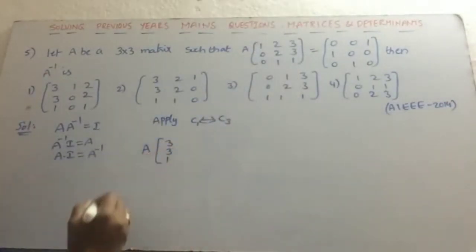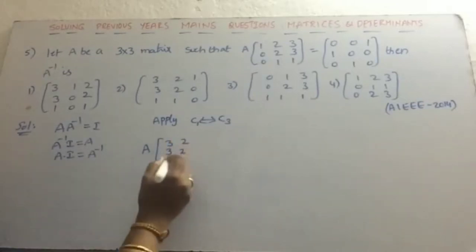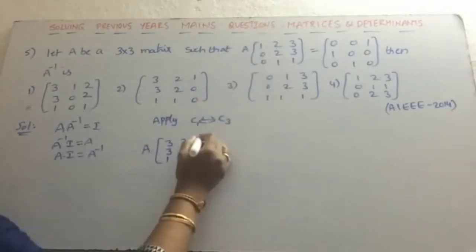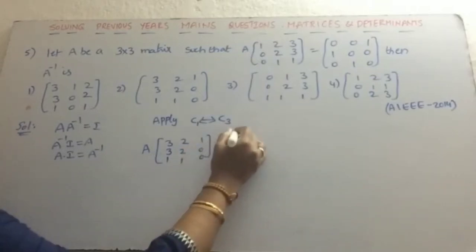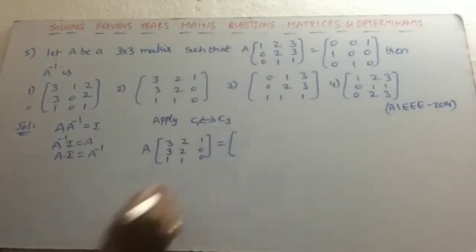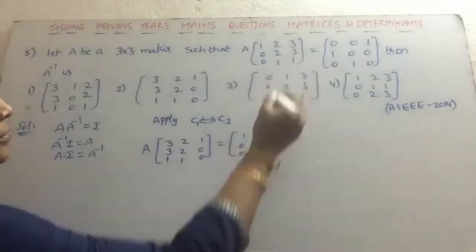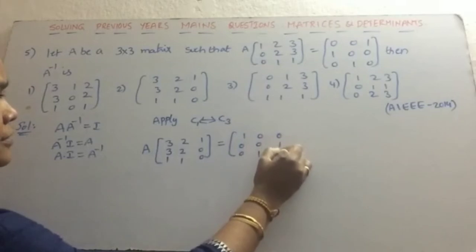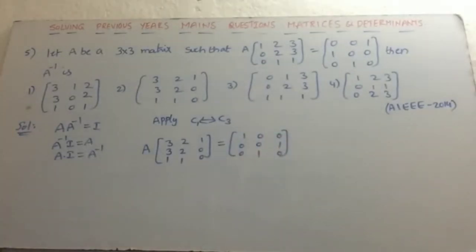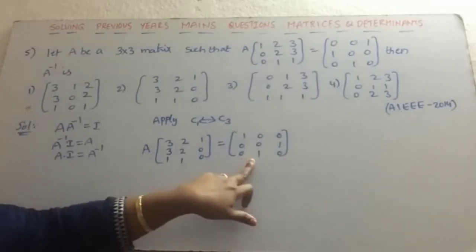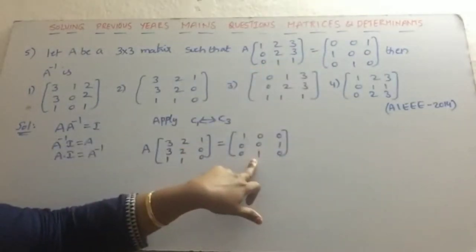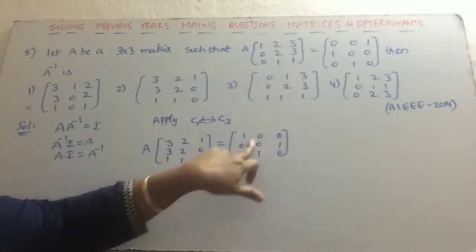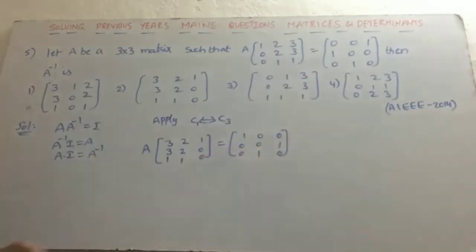And C2 is the same, and C1 is 1 0 0. Similarly on that side also 1 0 0, and 0 0 1, 0 1 0. On that side also 1 0 0, and C3, 1 0 0, sorry, 1 0 0, 0 0 1 and 0 1 0.